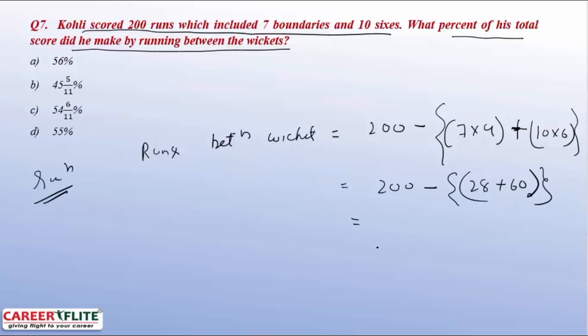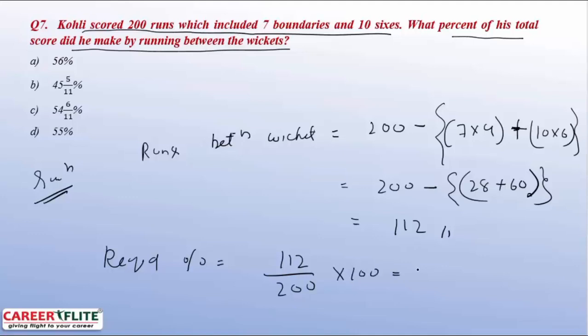If you solve, we will get 112. So the required percentage is equal to runs between the wickets by total runs into 100, that is 112 by 200 into 100. So we will get the answer as 56%. So option A is the correct answer.